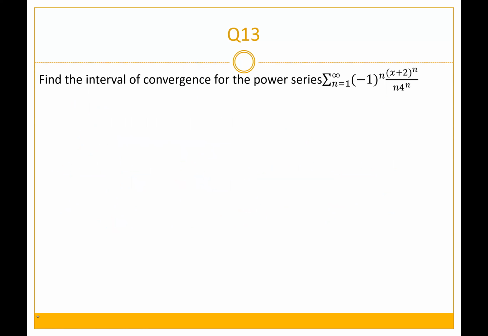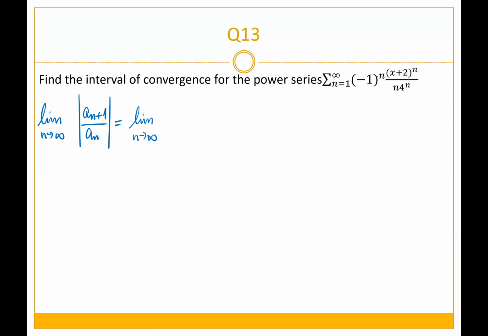Now question 13, find the interval of convergence for the power series. As I briefly mentioned in the review, in the checklist, to find it we're going to use the ratio test. So let's find the limit as n approaches infinity of the absolute value of a_(n+1) over a_n.